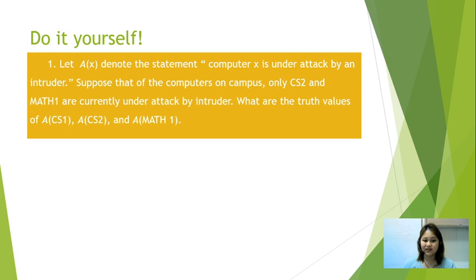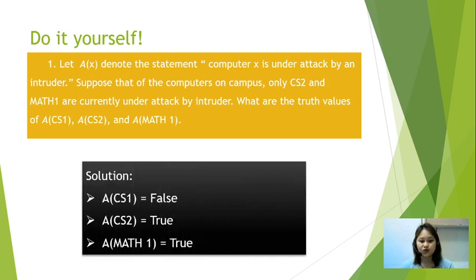So if you are given A CS1, it is false. Why? It is stated there that only CS2 and Math 1 are currently under attack by an intruder. So CS1 is not included among those attacked by the intruder. That's why the answer is false.